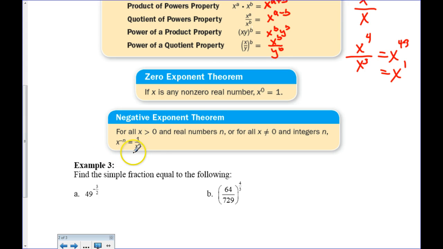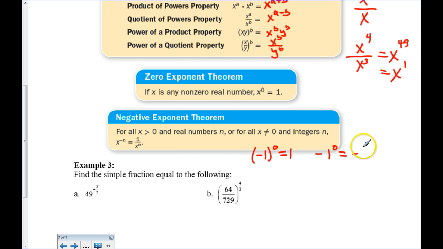Okay, negative exponent. Anytime you have x to a negative number, it ends up being the reciprocal of itself. So negative 1 to the 0 is still 1? Yep, negative 1 to the 0 power is 1. How about negative 1 to the 0 power like that, without parentheses?